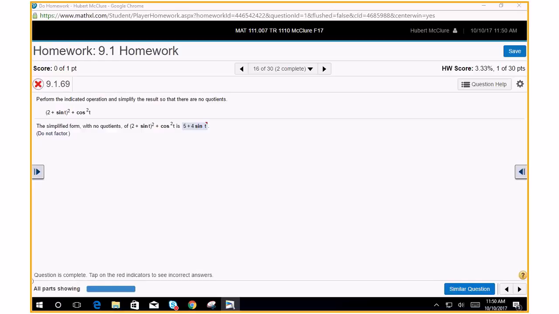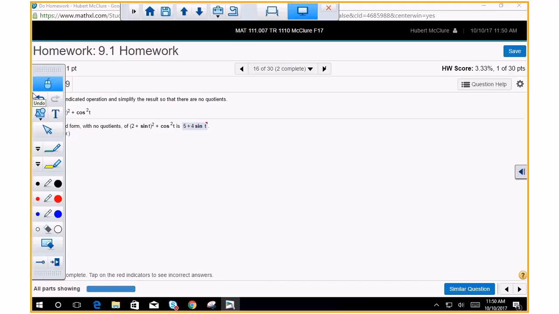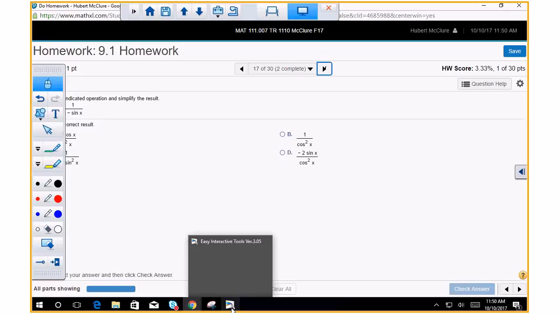It's already in the form of sine and cosine, so there's nothing really more you can do. All right, let's try another one. Please work with me. All right, try this one.